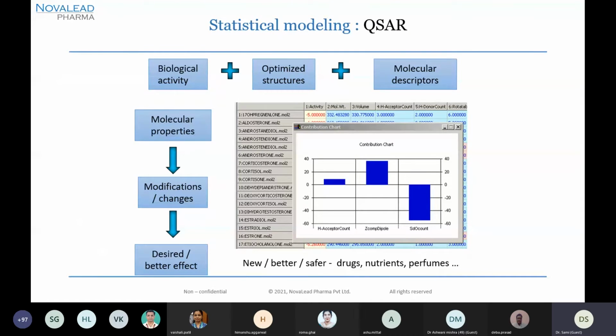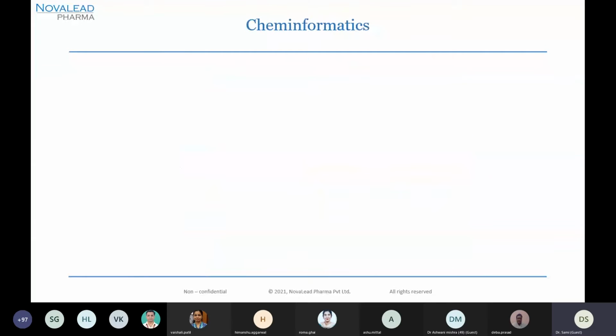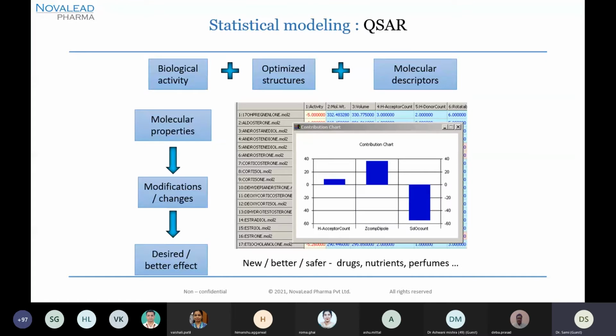In QSAR, statistical modeling, we have a set of molecules whose structure is known, small molecules, or it could also be others, but here the protein is not explicitly there. The biological activities of the molecules are known from the lab, in vitro data, in vivo, whatever kind of data you take. Based on that, you develop statistical models, and those are based on molecular descriptors. Descriptor means properties, so here the properties are very important.